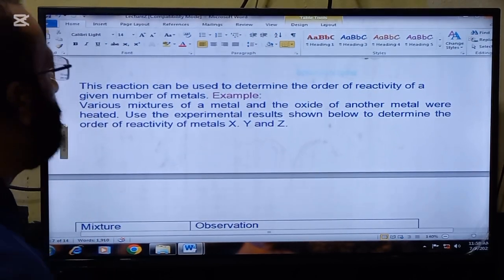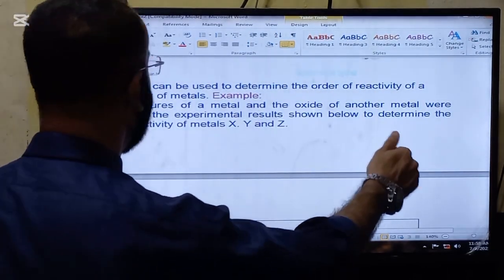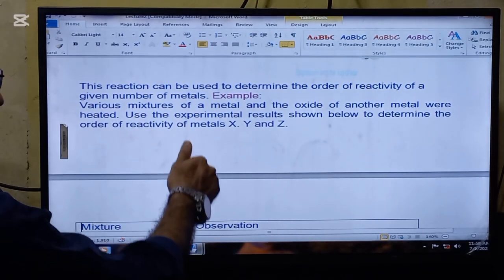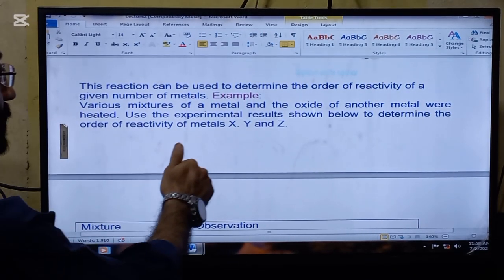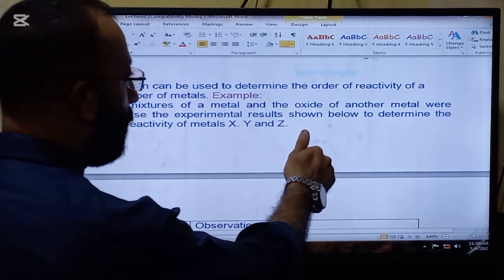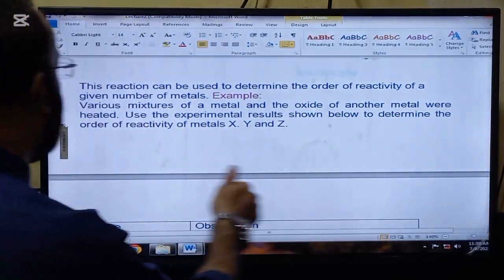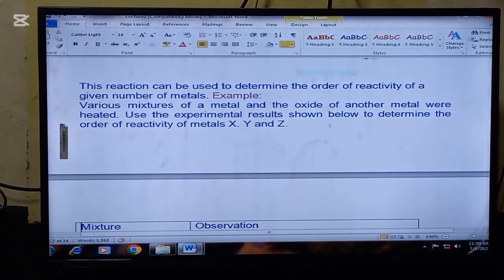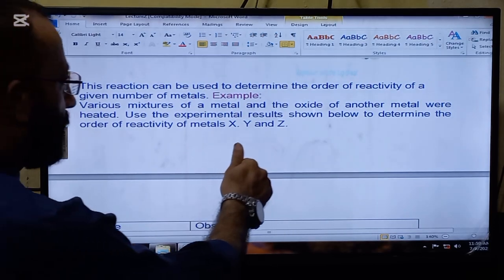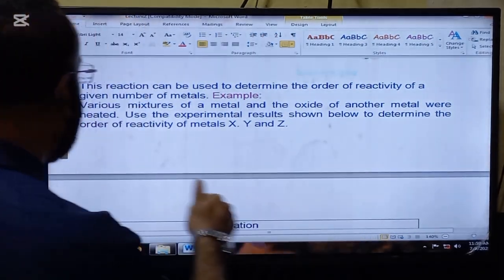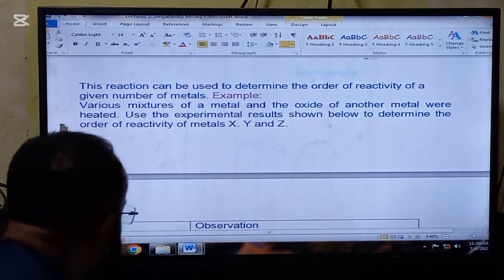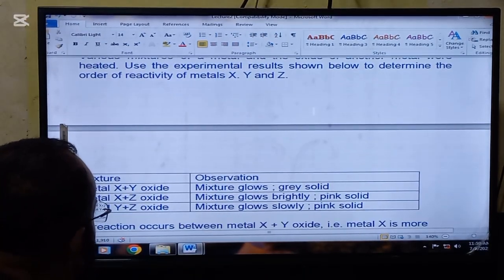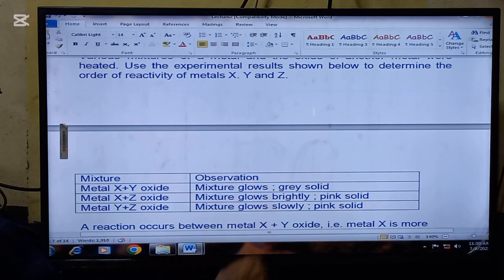This reaction can be used to determine the order of reactivity of a given number of metals. Example is here. Various mixtures of a metal and the oxide of another metal were heated. Use the experimental results shown below to determine the order of reactivity of the metals X, Y, and Z. So here you can see a table.